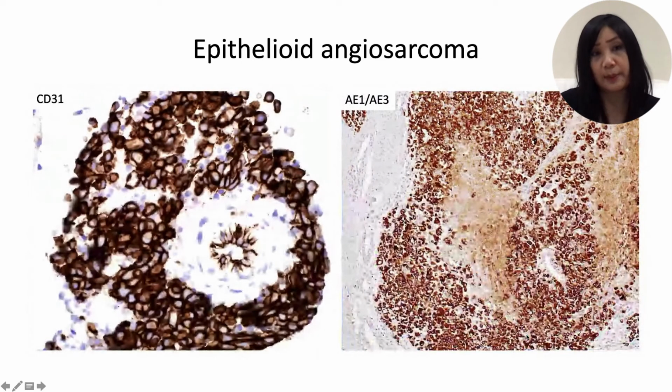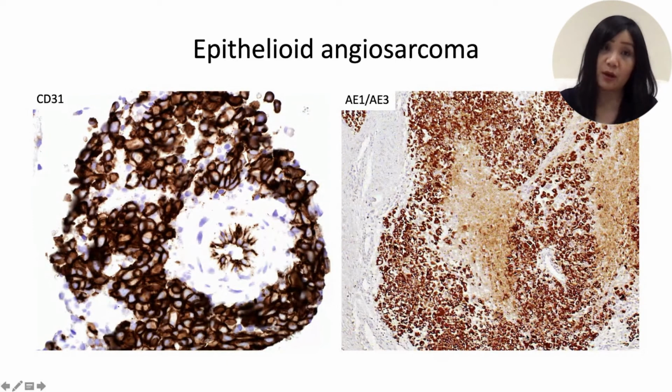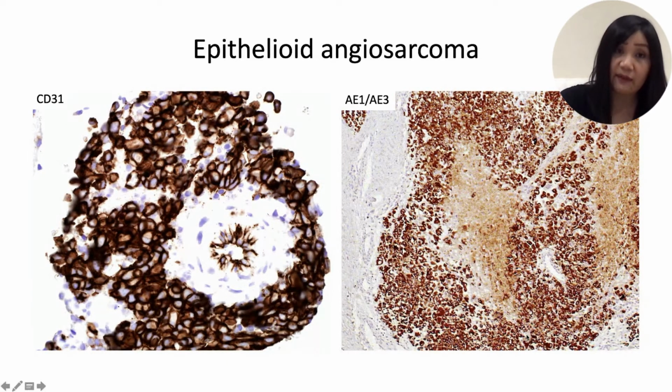And again, the best markers are ERG and diffuse and strong CD31. But these tumours can also variably show AE1/AE3 expression, sometimes very strongly and diffusely, and mimic carcinoma. So we need to remember that caveat.